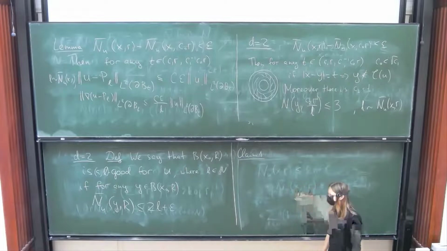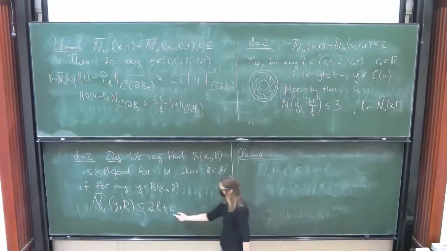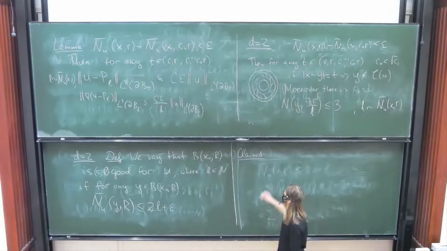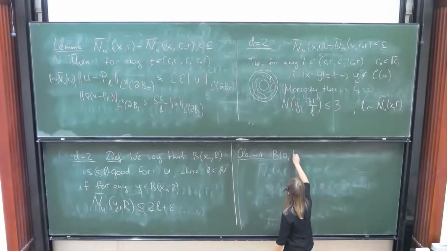First, I claim that if we start with L large enough, then our half ball is good. Well, probably half is too much, but 1/3.